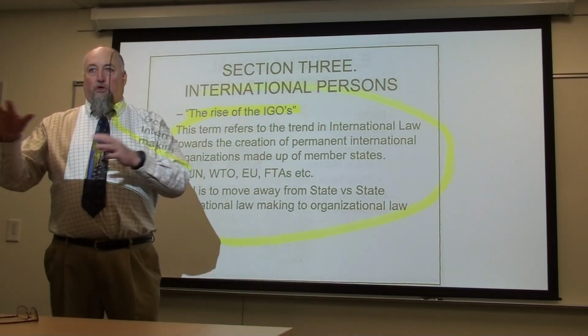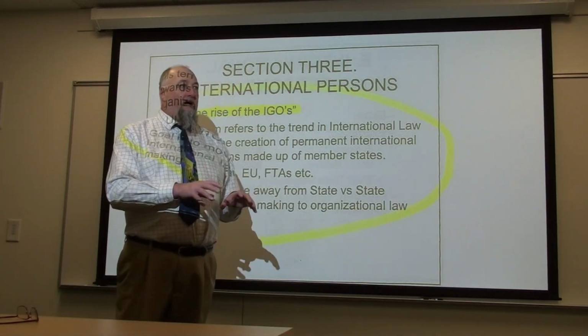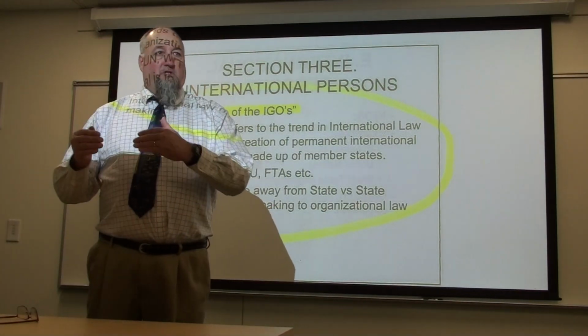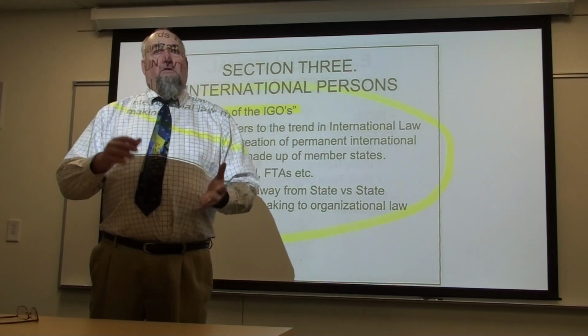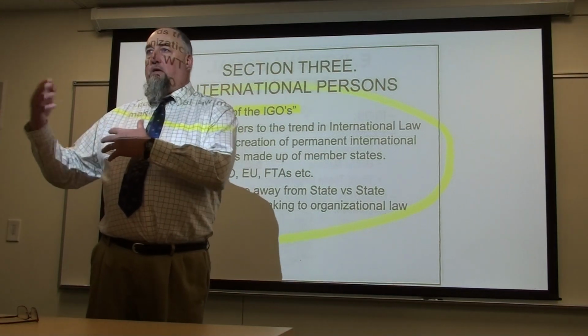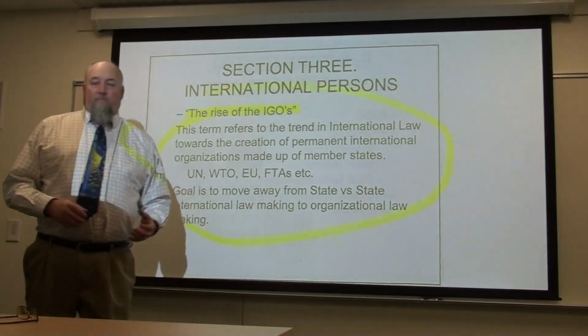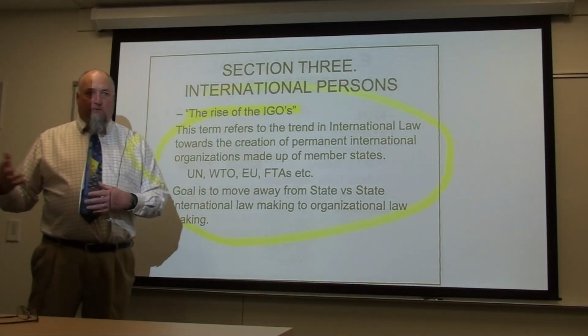And so we've seen this trend towards moving international law away from purely state-on-state diplomacy to diplomacy and international law creation through organizations. And I'll give you specific examples as we work our way through.